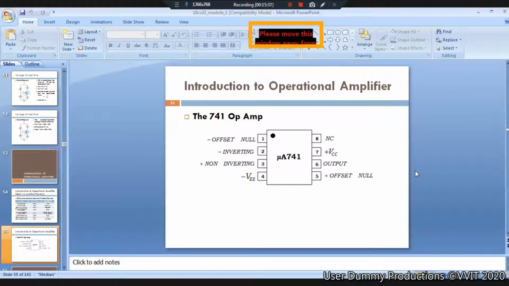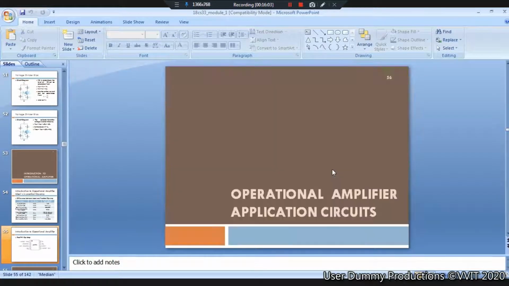The second is the inverting input, and the third is the non-inverting input. Pins 2 and 3 are the inputs, and pin number 6 is the output. Pin number 4 is VEE, the negative voltage, and 7 is the positive supply, 6 is the output, and the fifth is offset null. This is the operational amplifier integrated IC, IC number 741.